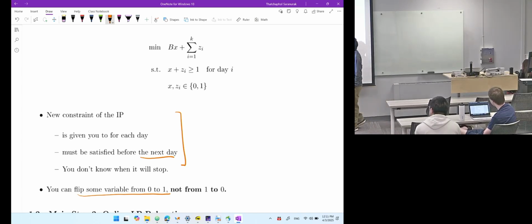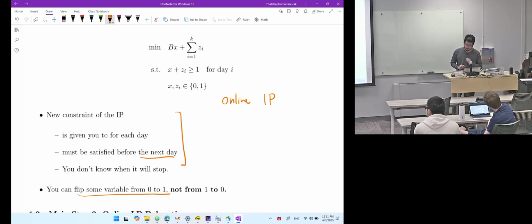And with these 2 additional constraints, now it really captures the problem. These 2 constraints capture the online nature of the problem. So that's the online integer program. Online IP.